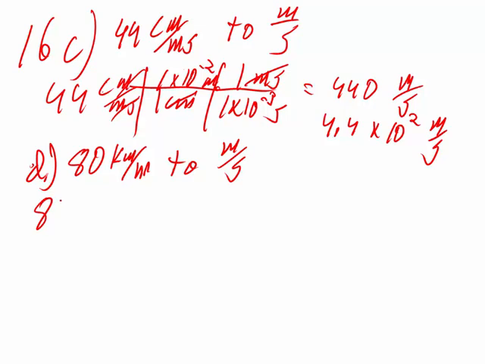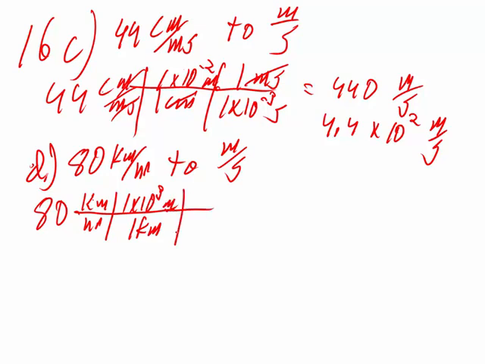So let's factor label this thing. We got 80 kilometers per hour, and we know that 1 kilometer is 1 times 10 to the 3rd meters, or 1,000. And we know that 1 hour is 3,600 seconds, okay?